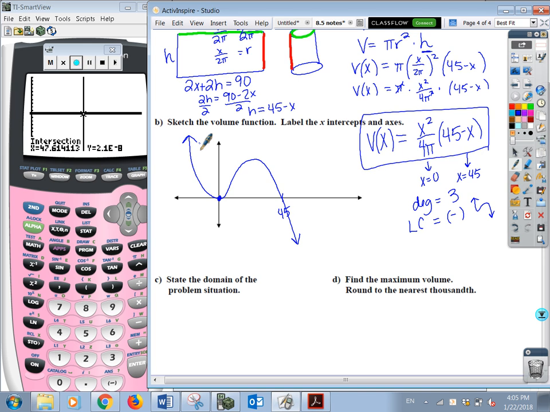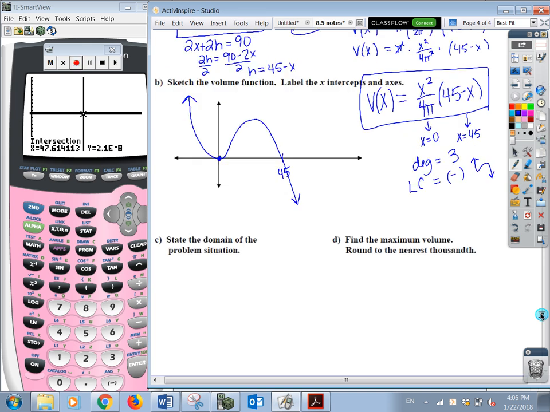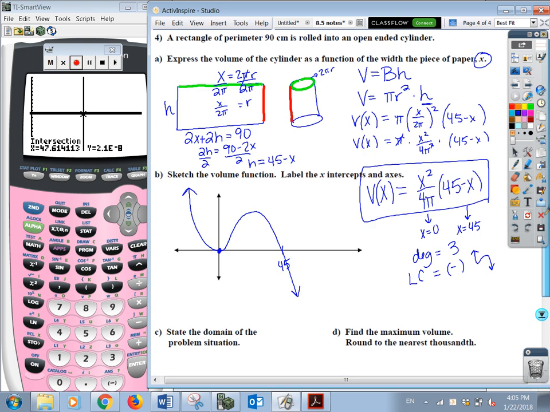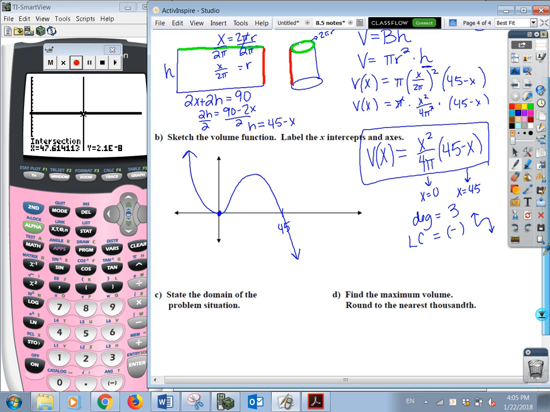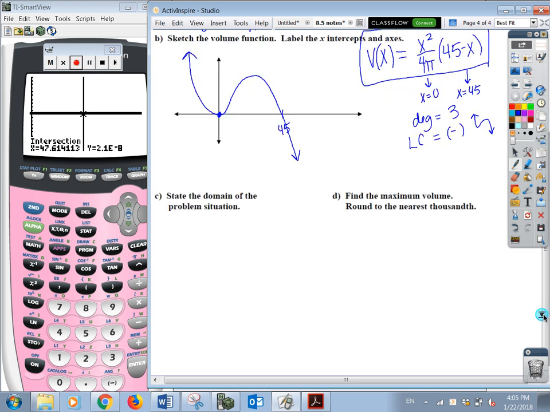So the domain of this situation. Now remember, domain is of this real life situation, not of this function. If I just gave you a picture, it's of this actual situation. If something was 0, it wouldn't exist. But it can go all the way up to 0. So therefore our domain would be 0.